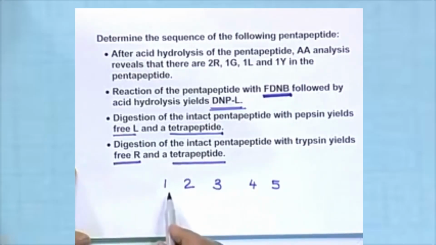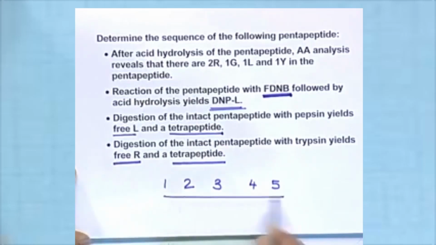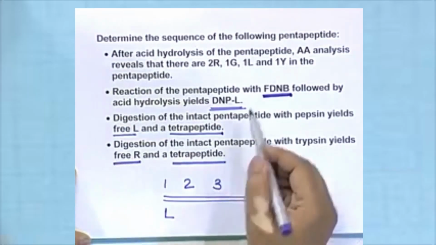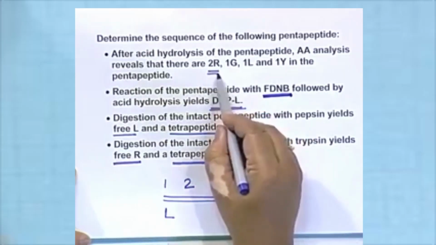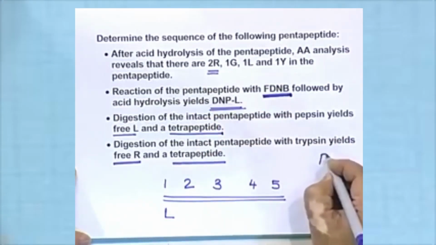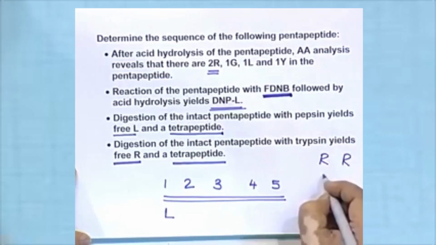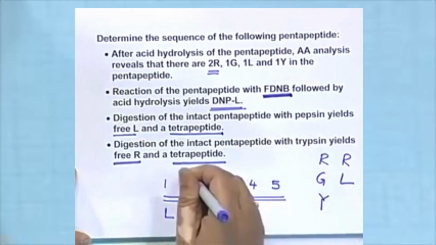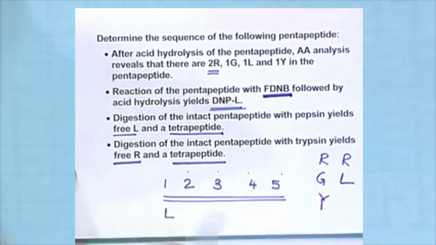What you have to figure out is the sequence of the pentapeptide. You know that this is L, and you know that there are 2 R's, 1 G, 1 L and 1 Y. You just have to fit these in the correct boxes.